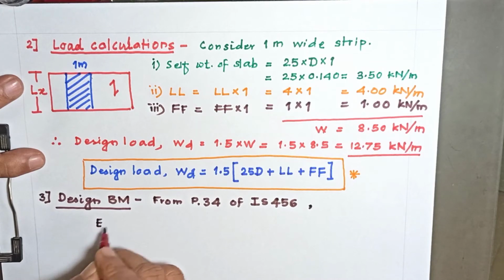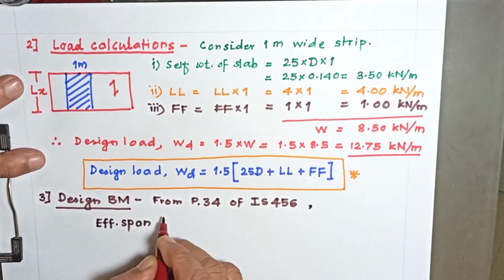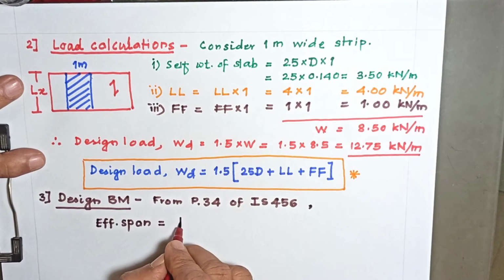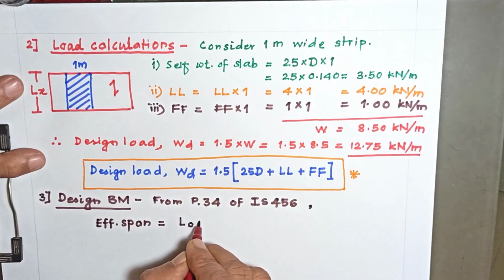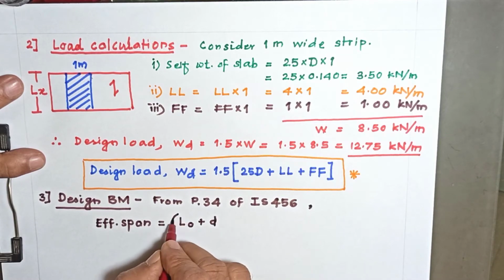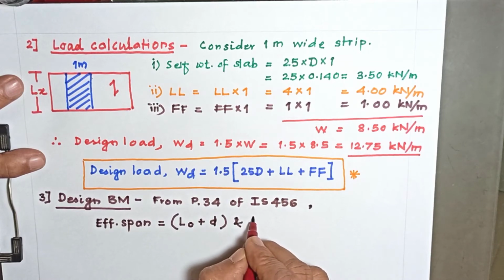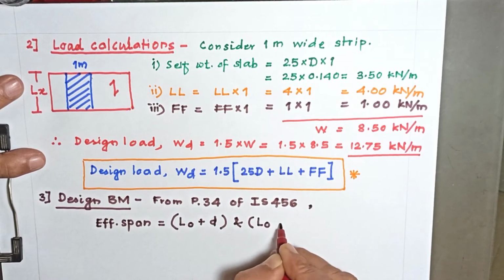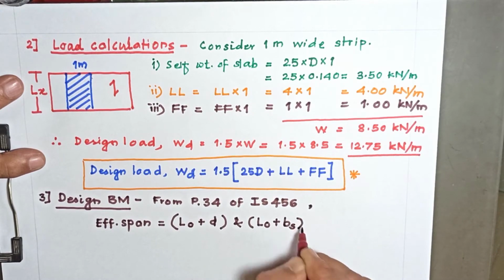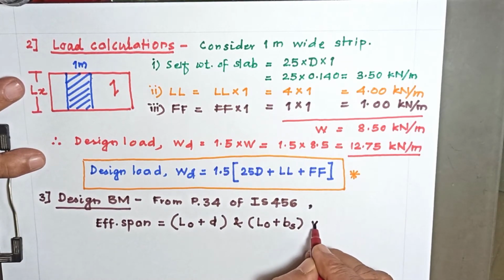So what is that? Effective span is equal to clear span plus effective depth, and clear span plus BS, that is width of the support, that is center to center distance, whichever is less.